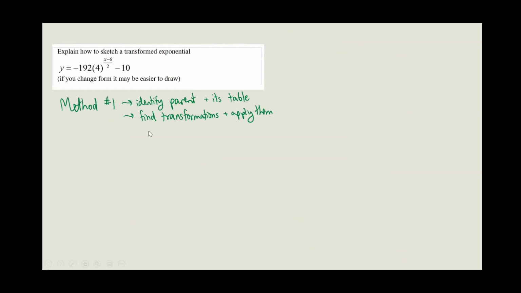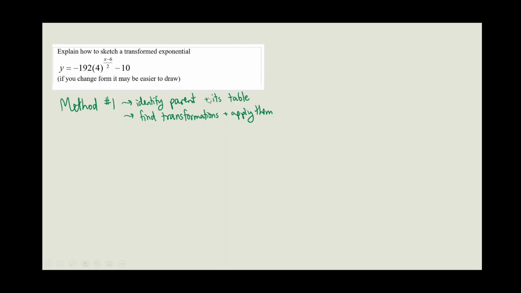So let's tackle a question where we have transformations applied. I'm going to show it to you in two methods. Method number 1 is going to be identifying the parent using its table. Then once we find the transformations, we're going to apply them to the table from the parent.